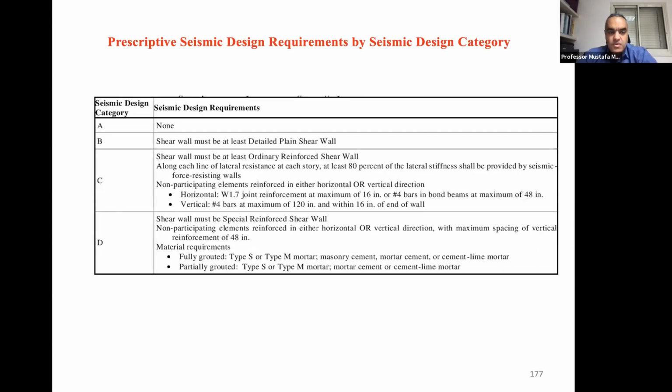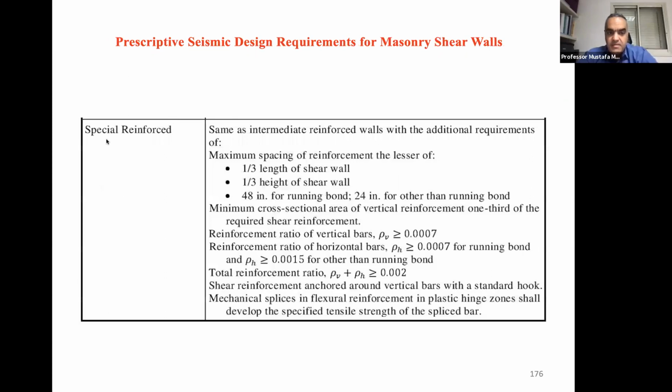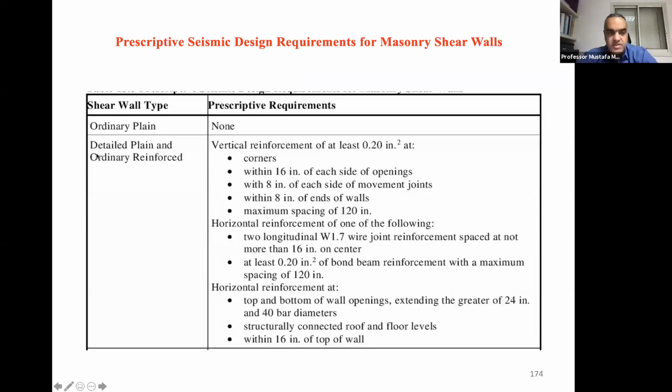Okay, so for that, go back. For ordinary plain, there are no prescriptive requirements. If it's a detailed plain or ordinary reinforced, you do have some prescriptive requirements, such as vertical reinforcement at least 0.2 inch square at corners, within 16 inch of each side of the opening, within 8 inch of each end of the wall, maximum spacing of 120 inches.